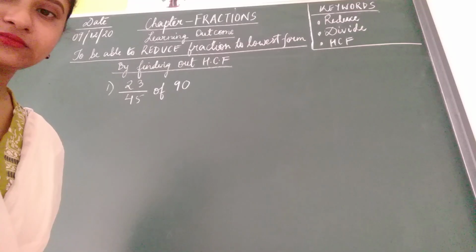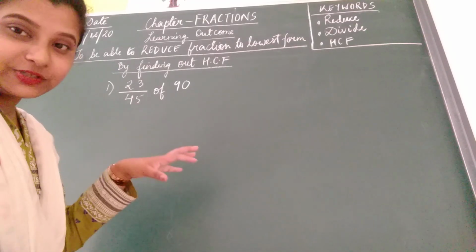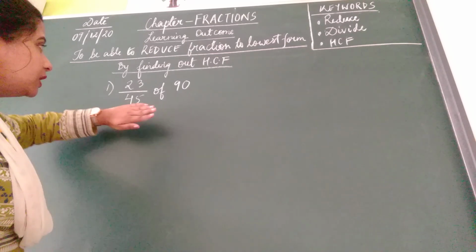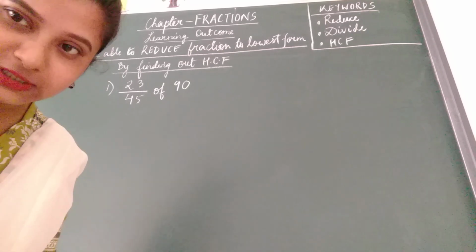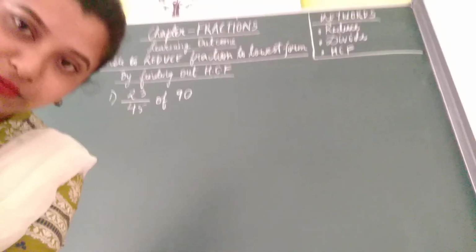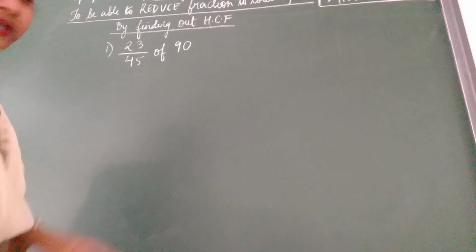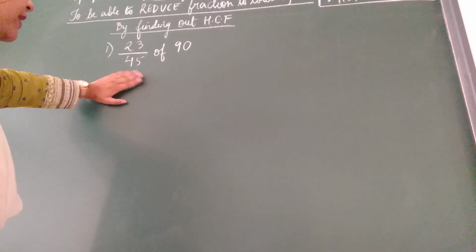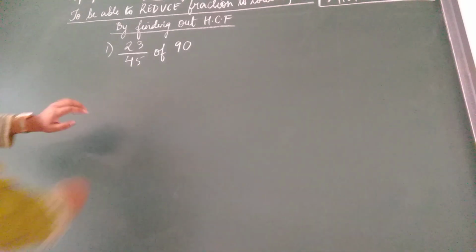Very easy. Now let us reduce a fraction to its lowest form. So what we are going to do is find out the HCF, which we have also done earlier. So if you don't remember, check the previous videos. Now see, what's the question given here? 23 by 45 of 90. Remember, of means multiplication.